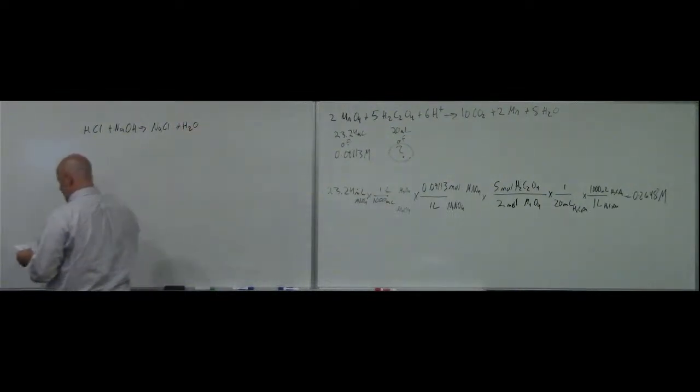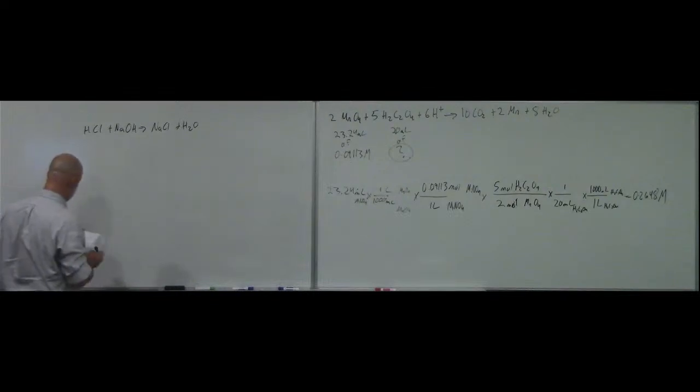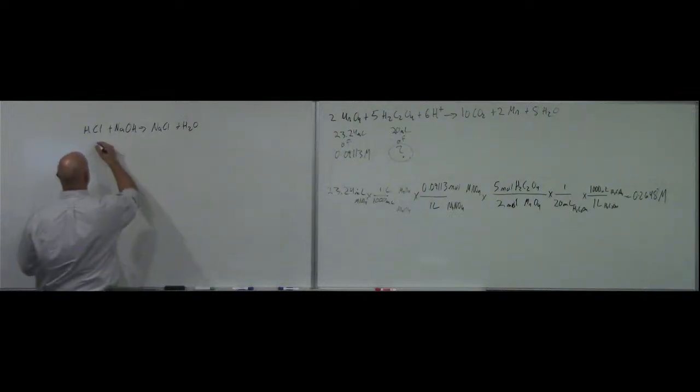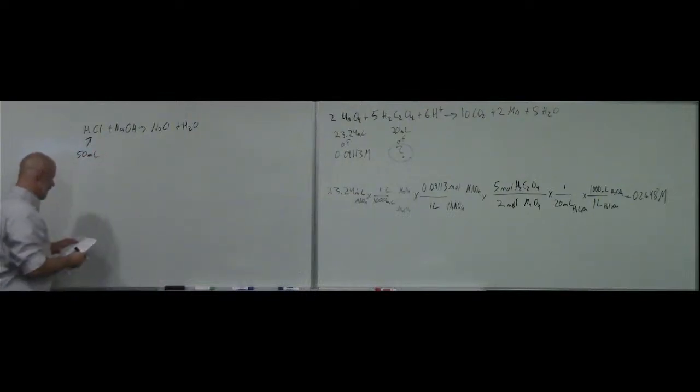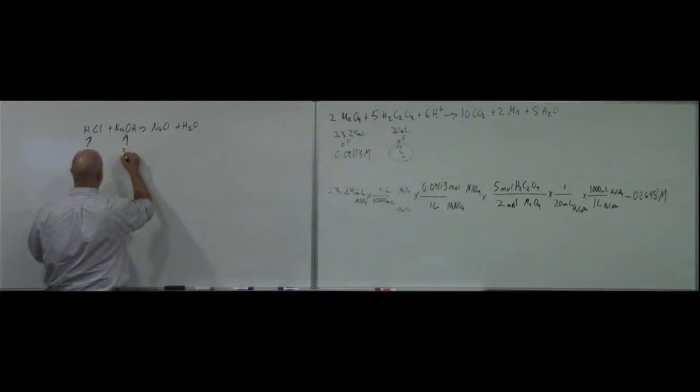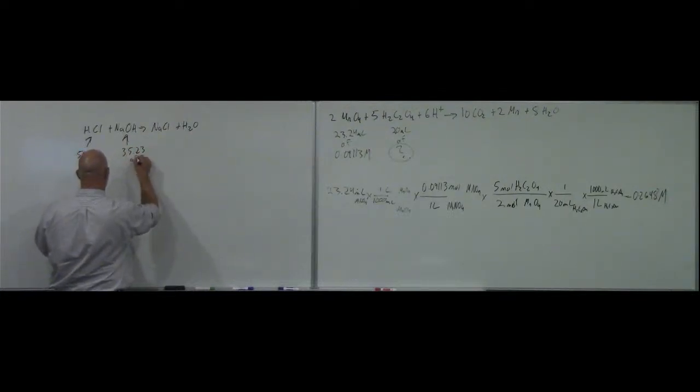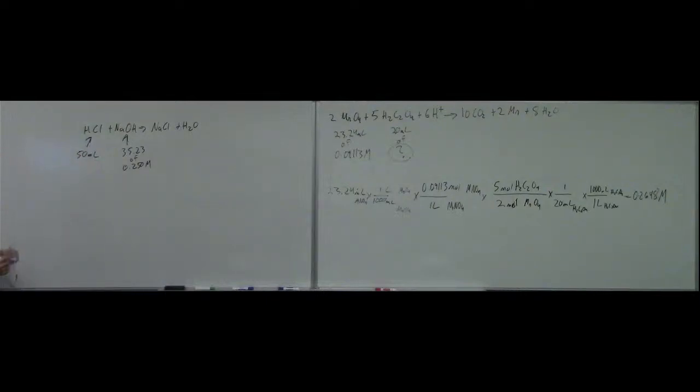A 50 milliliter sample of hydrochloric acid was reached by doing 35.23 of a 0.250 molar solution of sodium hydroxide. And of course, what I want to find out here is my molarity. How many moles per liter were in that?